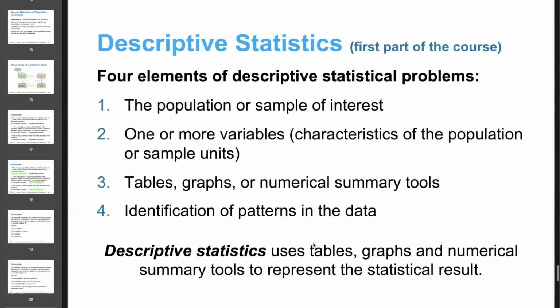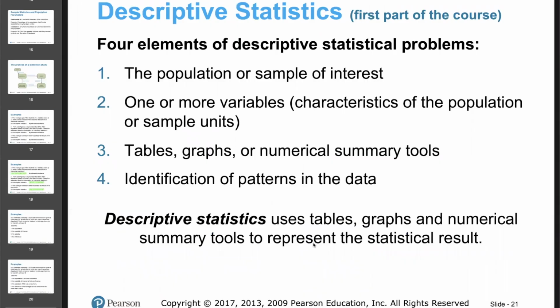So in the first part of this class, we will learn the descriptive statistics, okay? Which means we have 4 elements of descriptive statistical problems: the population or sample of interest, one or more variables, characteristics of the population or sample units.